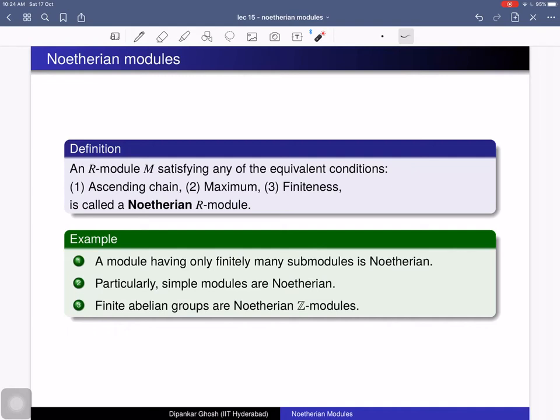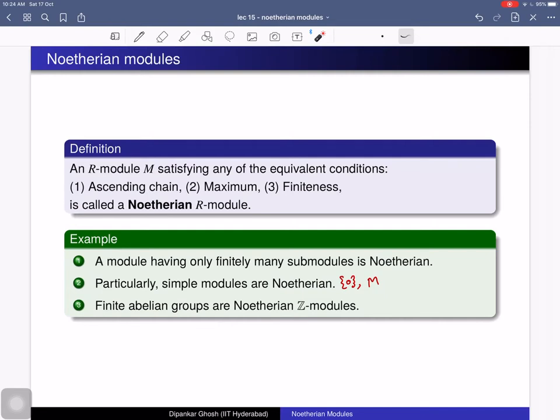Let's see first what the modules are which have only finitely many submodules. If we consider a simple module, let's say M, then how many submodules do we have? Only two: one is 0 and the other one is the whole thing. So simple modules have only finitely many submodules. And if you consider a finite abelian group, each abelian group you can think of as a Z module.